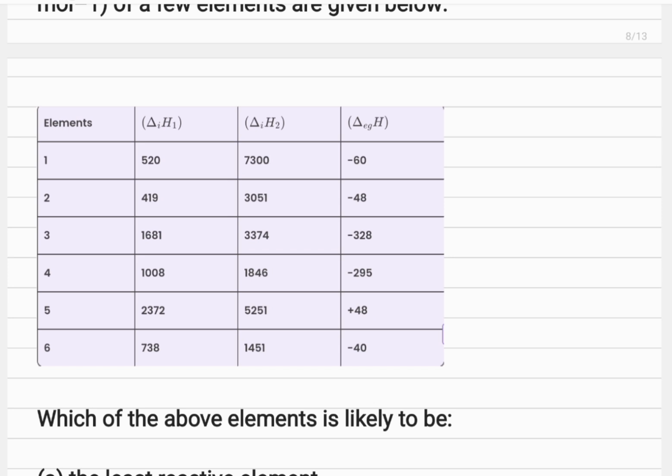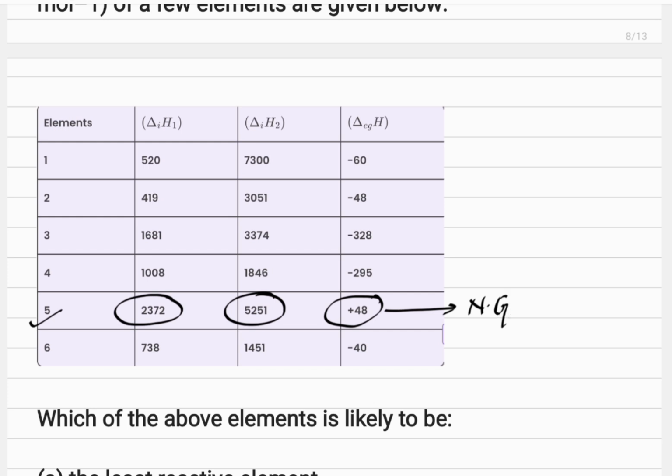They also tend to have very high ionization energies. So which element fulfills the criteria? Fifth element has very high ionization energies and also a positive electron gain enthalpy. That means this has to be a noble gas.